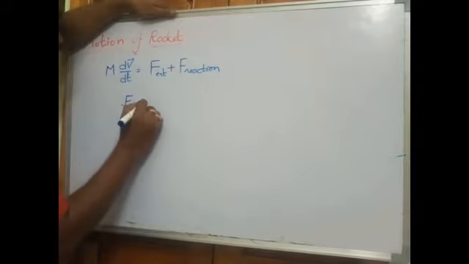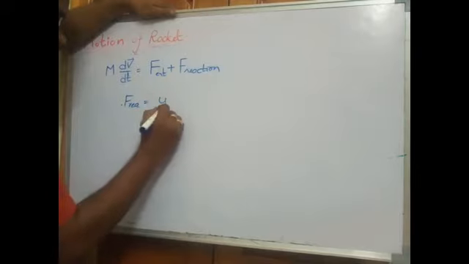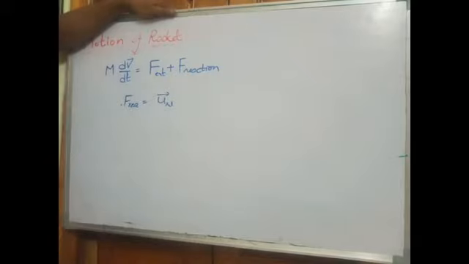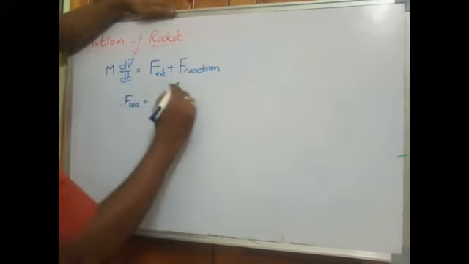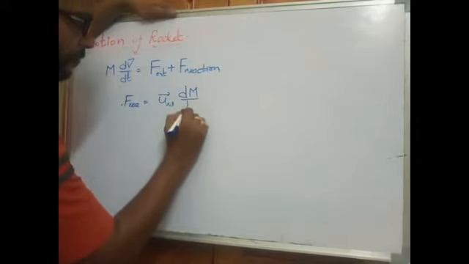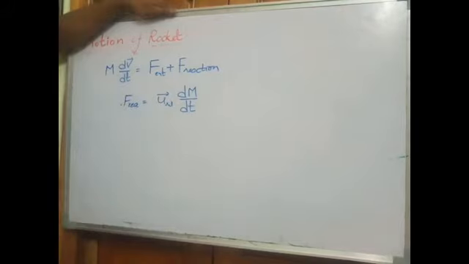How can we write the reaction force? F reaction is equal to relative velocity into dm by dt, the rate of change of mass.